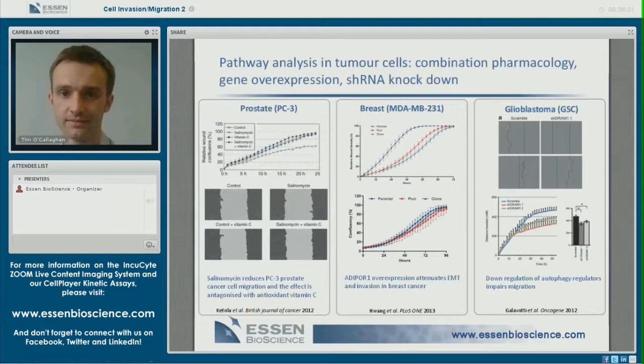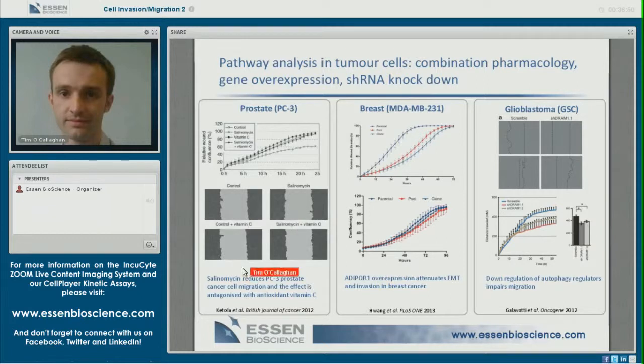So this slide illustrates three independent studies performed by independent labs for pathway analysis in tumor cells, illustrating combination pharmacology, gene overexpression, and shRNA knockdown.